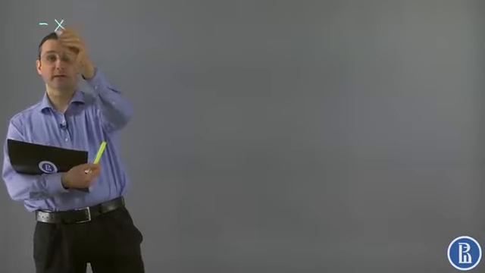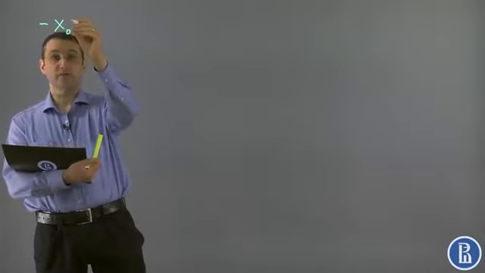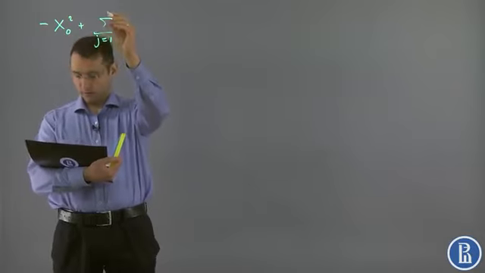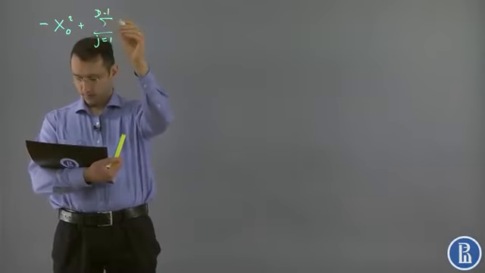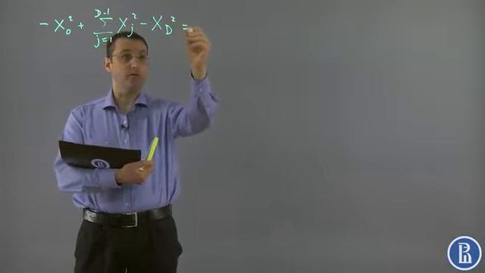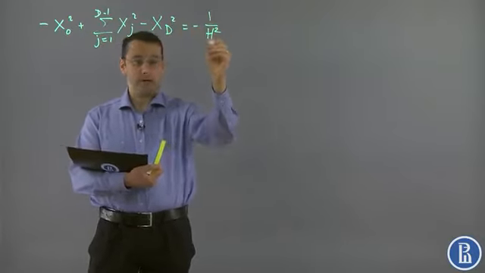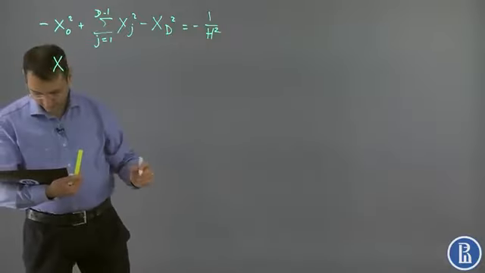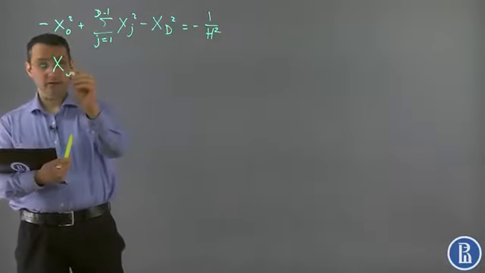So we are going to solve this equation: minus x_0 squared plus the sum over j from 1 to d minus 1 of x_j squared minus x_d squared equals 1 over h squared. The solution for this case can be given like this.